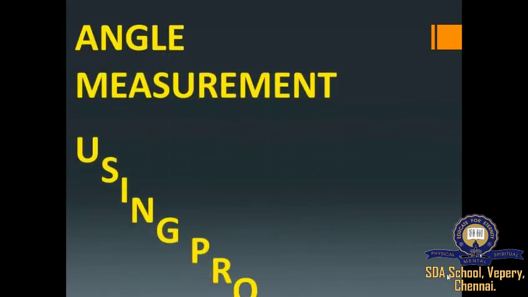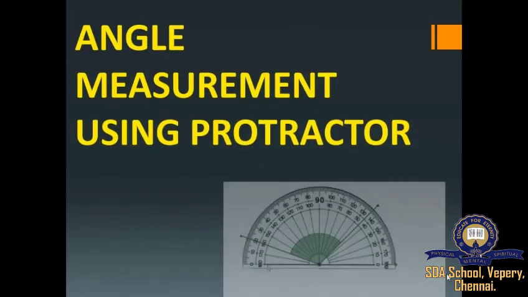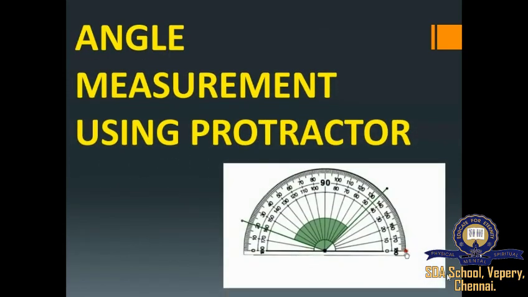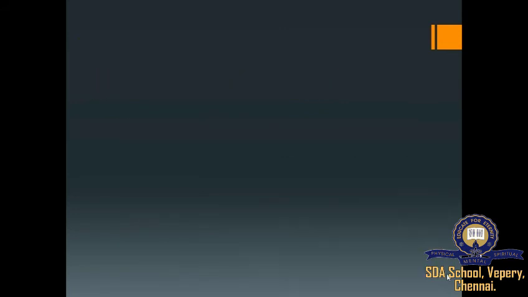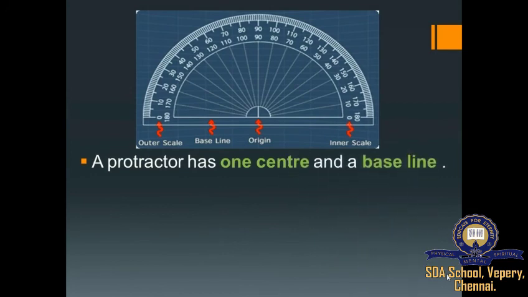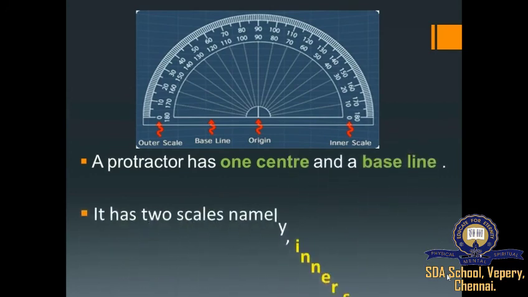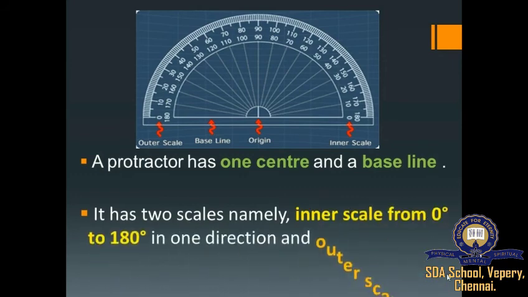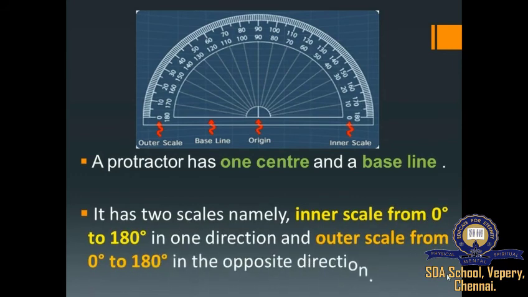And next we moved on to angle measurement using a protractor. So in that we saw the parts of a protractor, that is, a protractor has one center and one baseline. Okay, so a protractor has two scales, namely the inner scale which ranges from 0 to 180 degrees in the anti-clockwise direction, and the outer scale which ranges from 0 to 180 degrees in the clockwise direction.